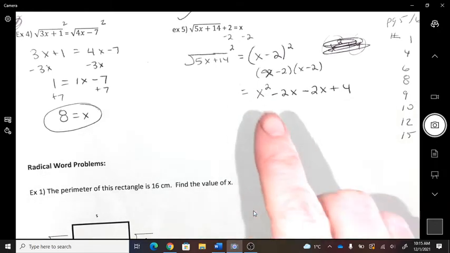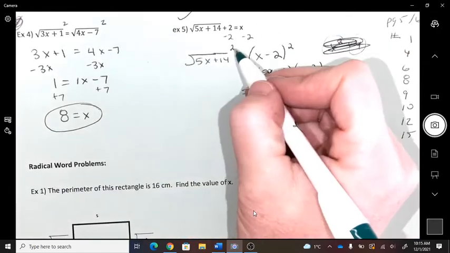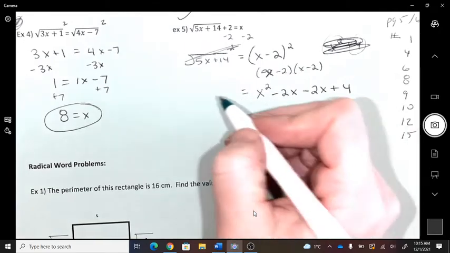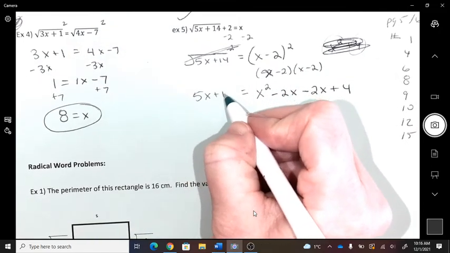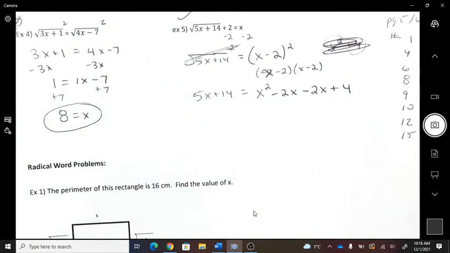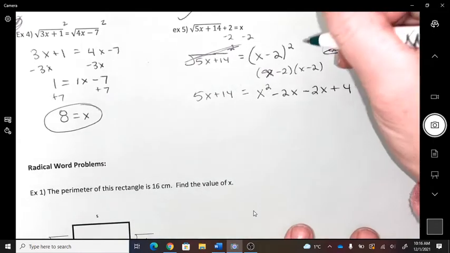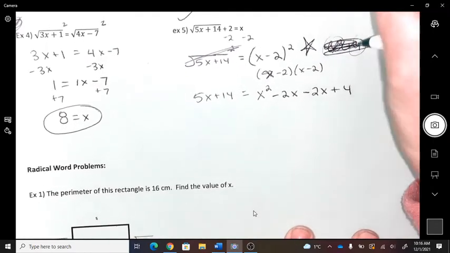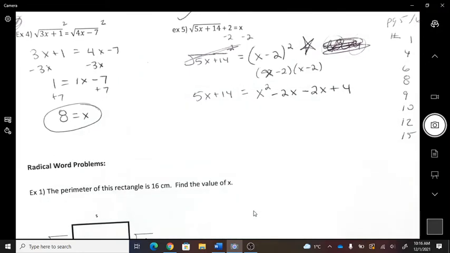And then what happened on this side? Take away the square root. Those just canceled. So this is important here. You're going to have to square a unit, which is going to create a whole FOIL system.